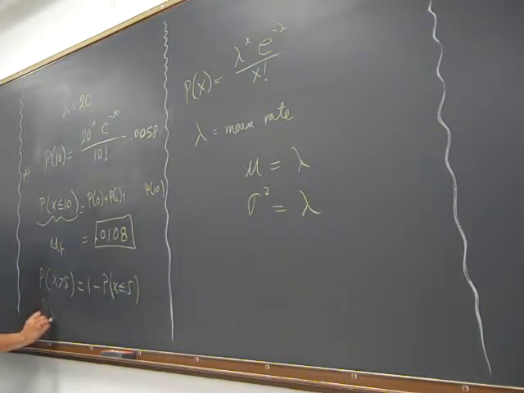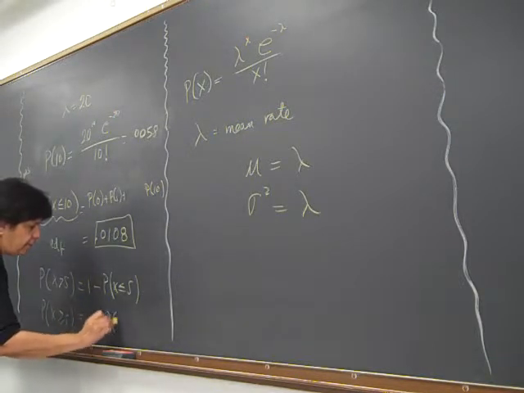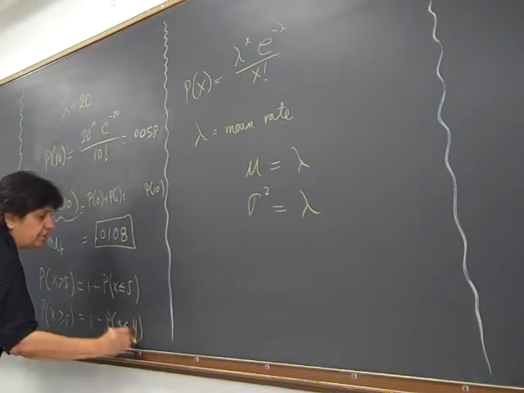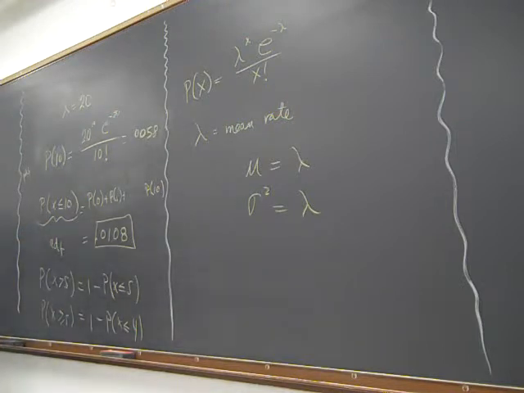What is the probability that x is greater or equal than 5? It is equal to 1 minus the probability that x is less or equal than 4, because I want to include the 5 in the complement, and so on. It's really pretty easy.